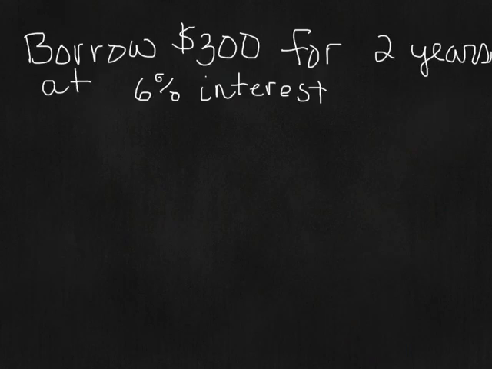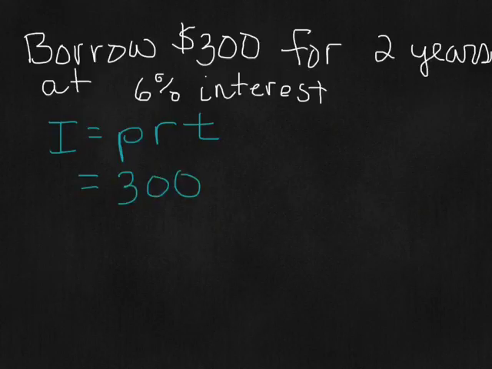Okay, here we go. So the first example, if you were to borrow $300 for 2 years at 6% interest rate, then remember the formula is interest equals principal times rate times time. So my principal, the amount I'm borrowing, is $300. My interest rate is 6%. I need to write that as a decimal.